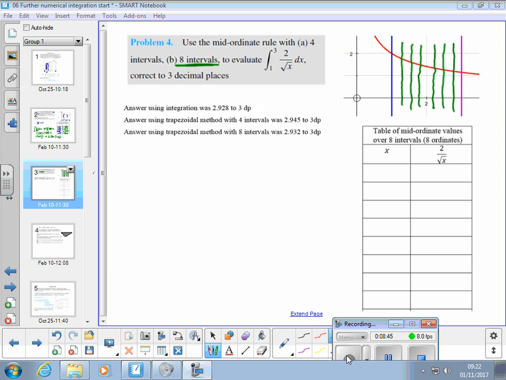Your width of interval is now 0.25, a quarter. An eighth is 0.125, because you've got to add 1.125 onto the second ordinate.